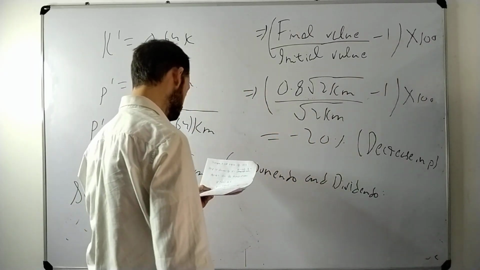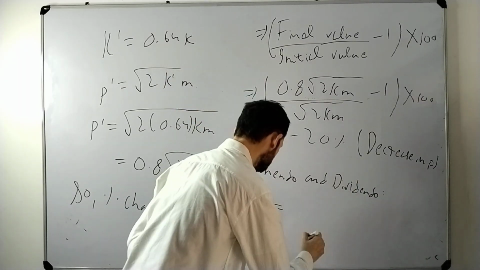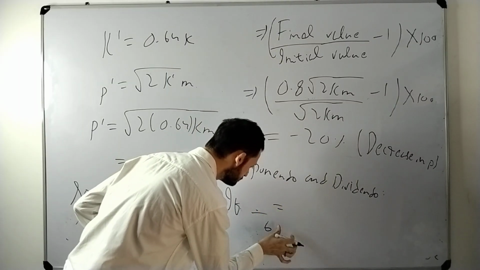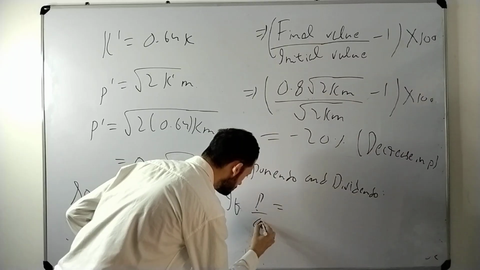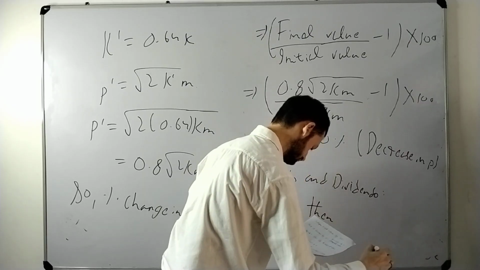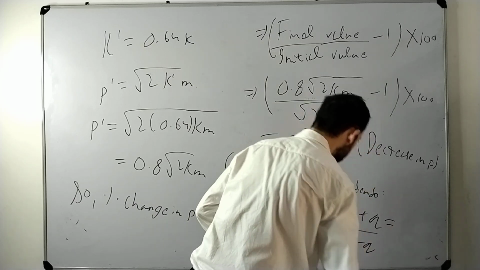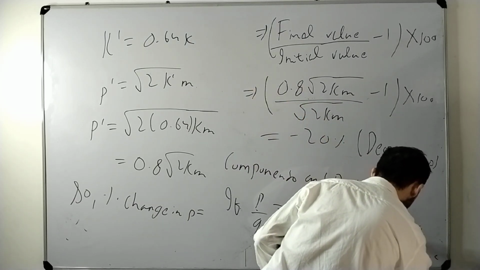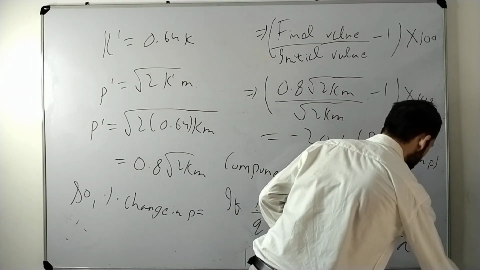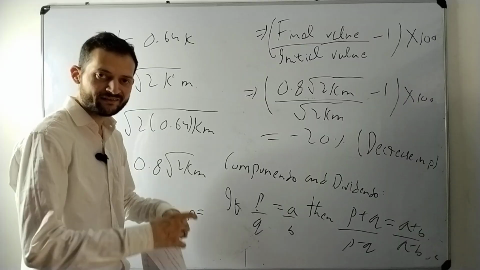What it says: if A upon B, not A, P upon Q equals A upon B, then P plus Q upon P minus Q equals A plus B upon A minus B. Okay, students. So this was componendo dividendo for us. This chapter ends here. Thank you.